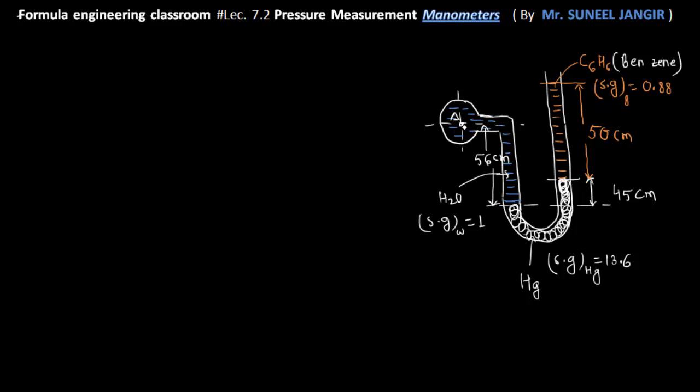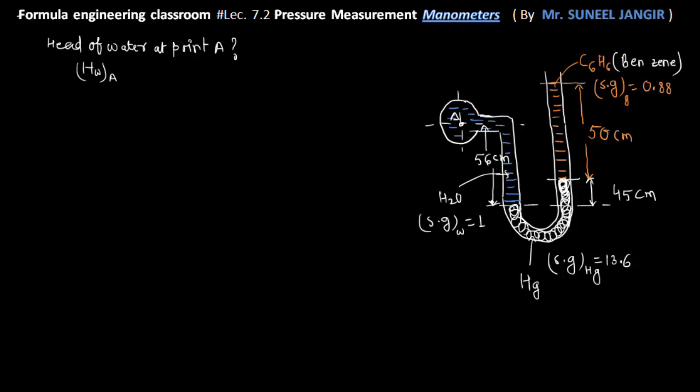The problem is that we want to calculate what is the head of water at point A. I'm saying this is H of water at point A. We want to calculate this one.